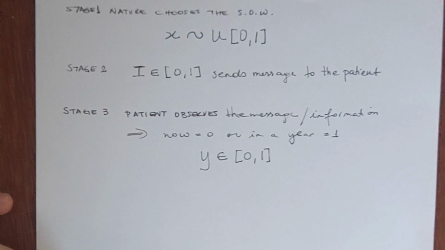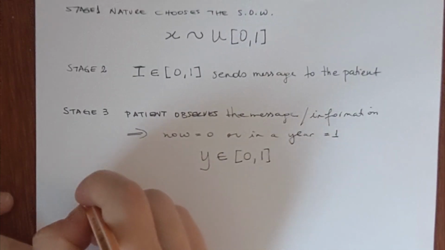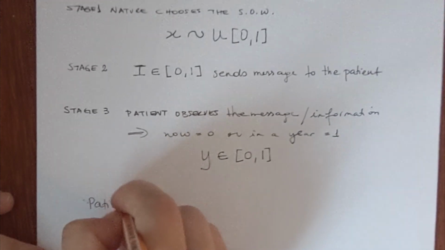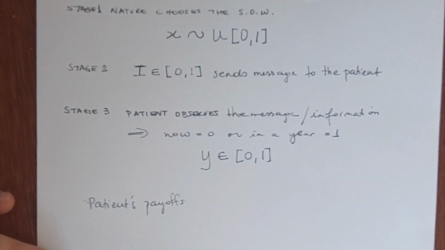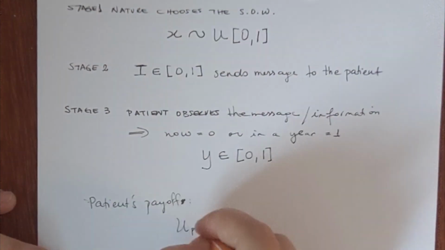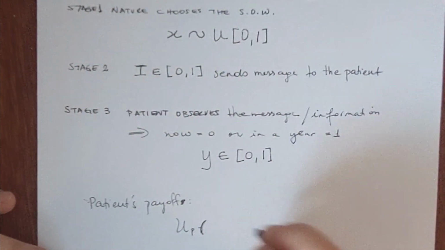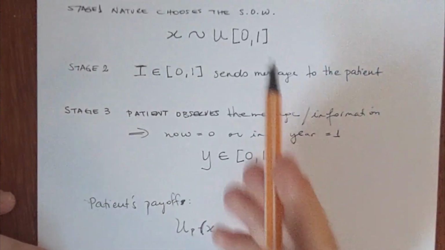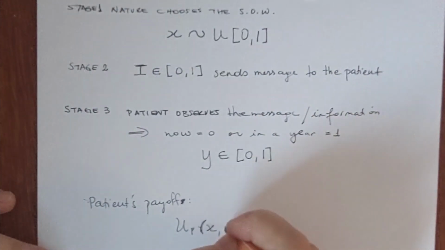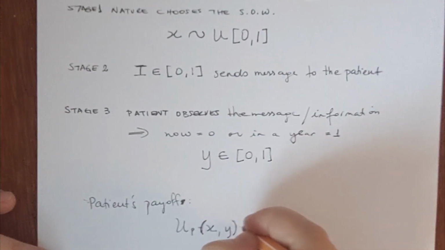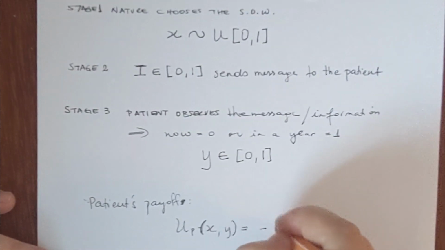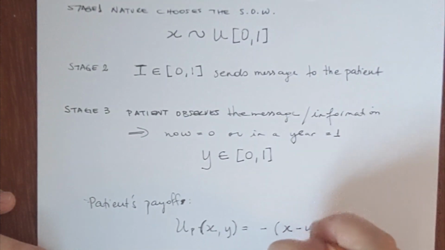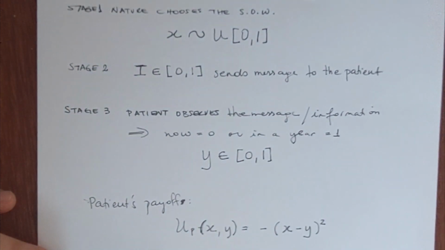However, what are the payoffs? So our payoffs now are going to be slightly different. The patient's payoffs, again, are going to be very similar to the payoff of the doctor, dependent only on the true state of the world and his choice, and is equal to minus (x minus y) to the power of 2, which is a quadratic equation.